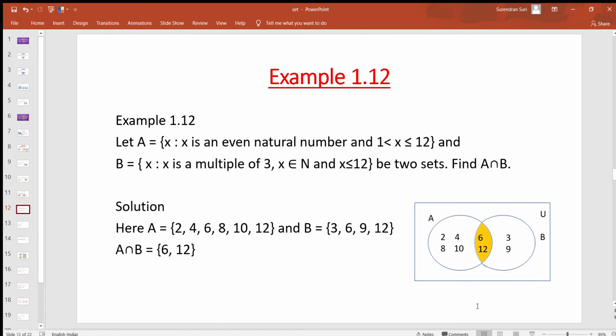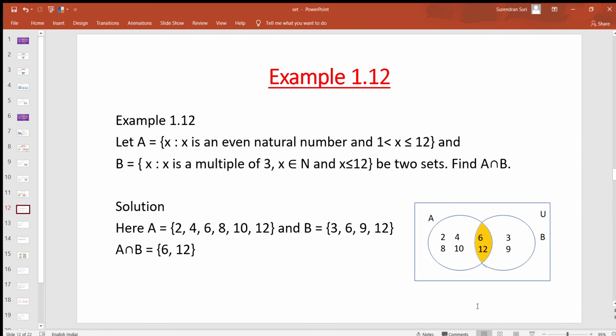Next we will see example 1.12, where let A be equal to the set of x such that x is an even natural number and x is greater than 1 and lesser than or equal to 12, and B is equal to x such that x is a multiple of 3, x is an element of natural numbers and x is lesser than or equal to 12.